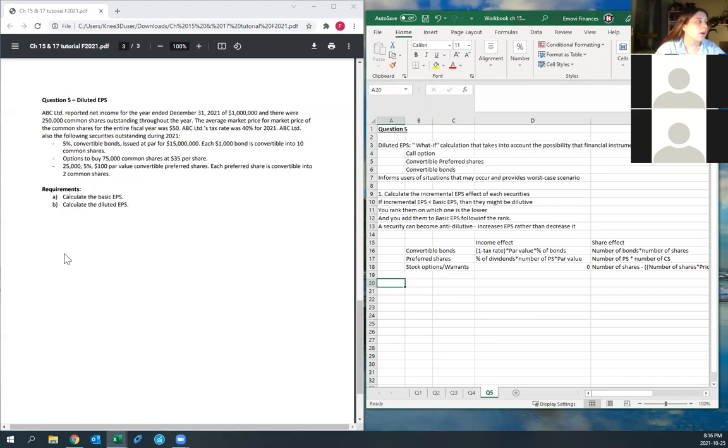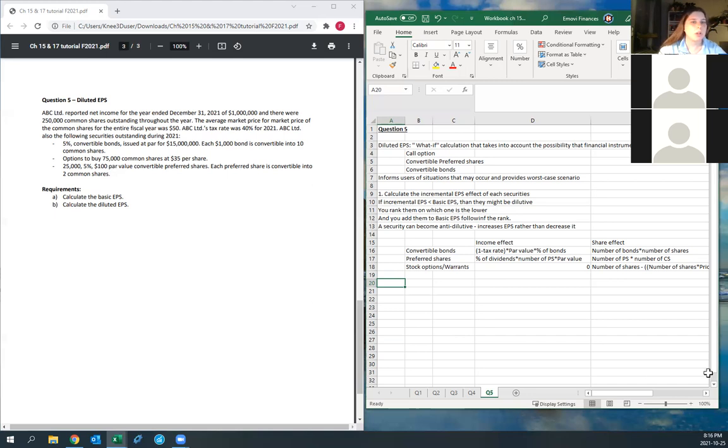ABC Limited also has the following securities outstanding during 2021: 5% convertible bonds issued at par for $15 million. Each $1,000 bond is convertible into 10 common shares. Options to buy 75,000 common shares at $35 per share, and 25,000, 5%, $100 par value convertible preferred shares. Each preferred share is convertible into 2 common shares.